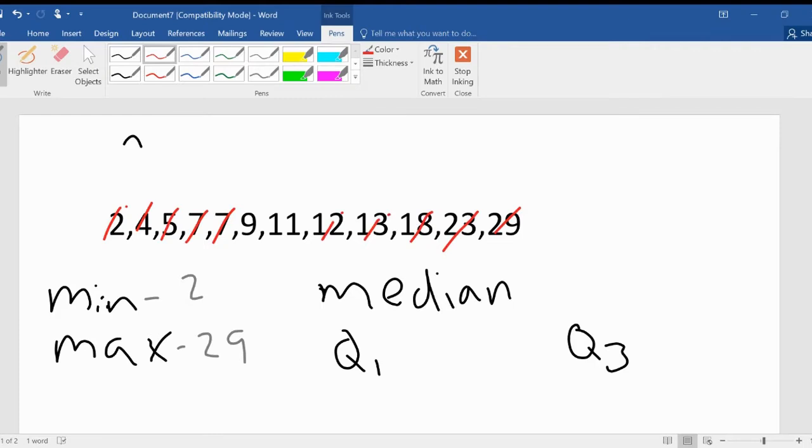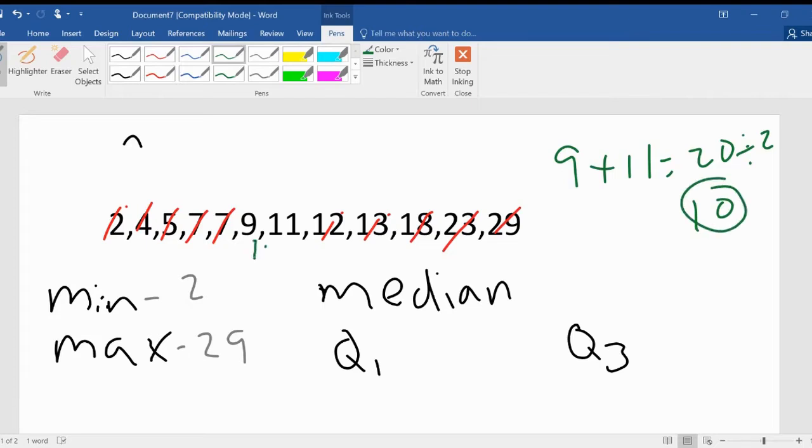Now we have two middle numbers, so we take the average of those two. Add them together and divide by 2: 9 plus 11 is 20, divided by 2 gives 10. So our median is 10.